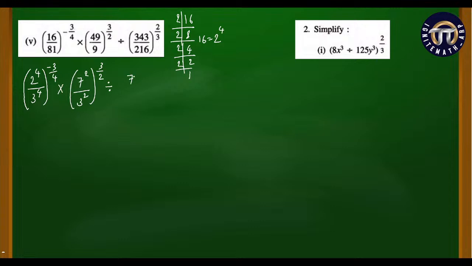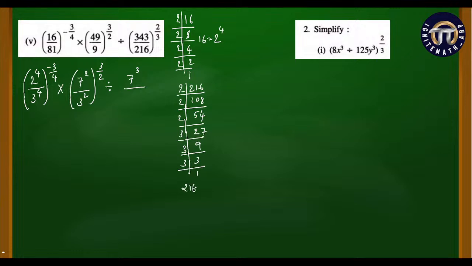343 can be written as 7 to the power of 3, and over here 216 is there. 216, when I'm writing this one, 2 108s, okay, 2 54s, then 2 27s, then 3 9s, 3 3s, then 3 1s.